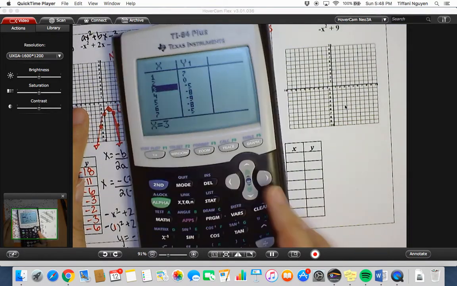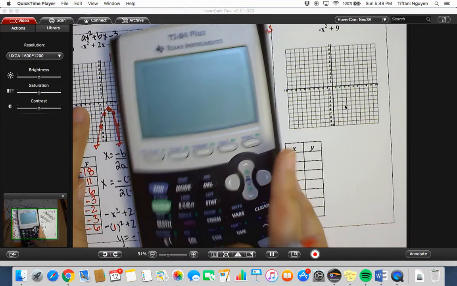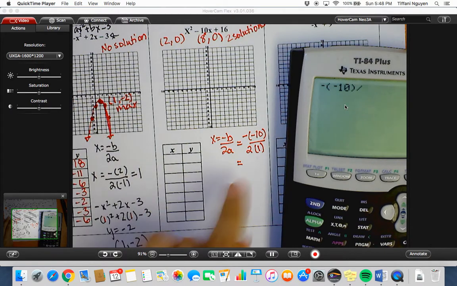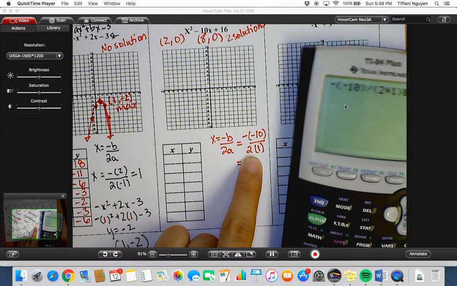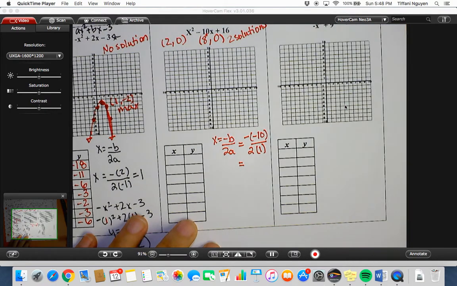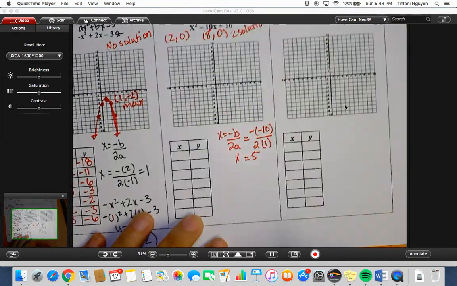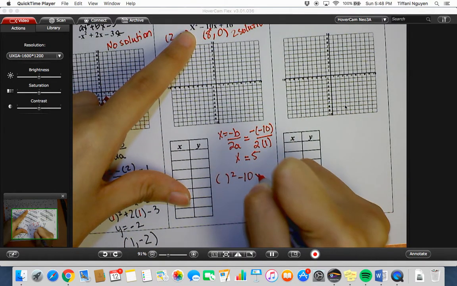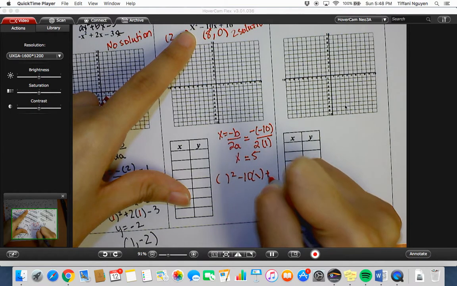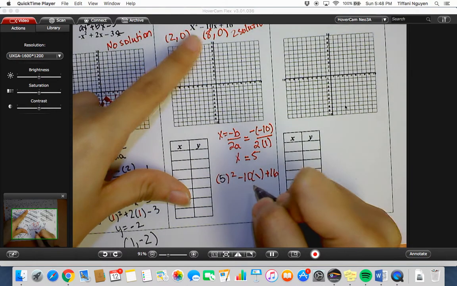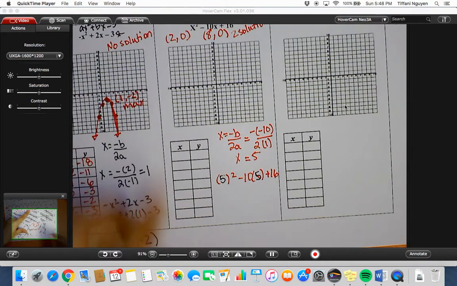Use your calculator. Go back to graph, clear it. Negative, parentheses, negative 10, parentheses, divided by, remember to put all of this in parentheses, 2 times 1, enter, I get 5. So x equals 5. I'm going to plug 5 back into here. So it's going to be 5 squared minus 10 times 5 plus 16.